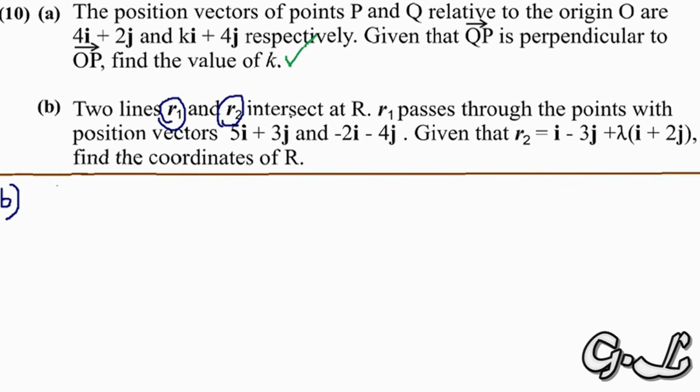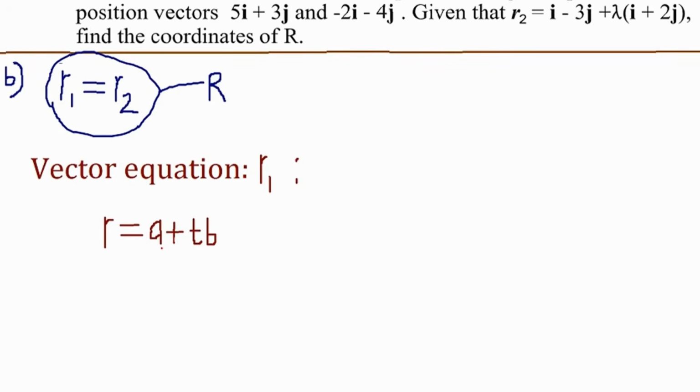Now when you look at this question, we're only given one equation, which is for R2, but we don't have the equation for R1. So what are we supposed to do if we don't have the equation for R1? When you say R1 is equal to R2, that's when you're going to find the point of intersection, which is point R.